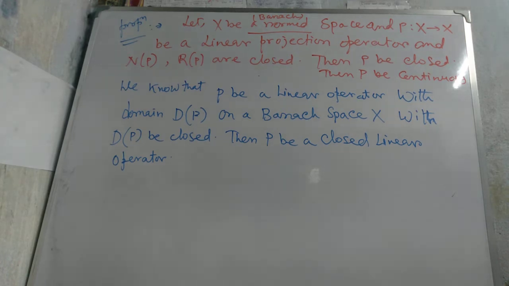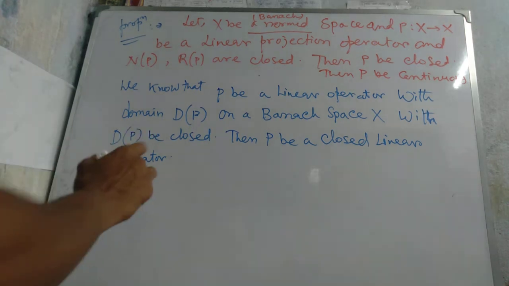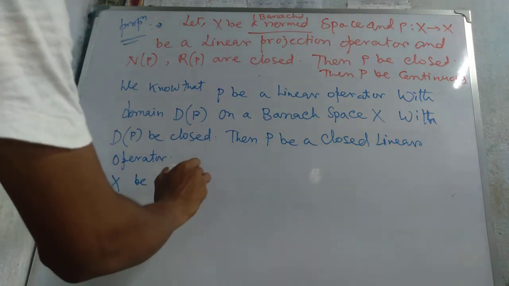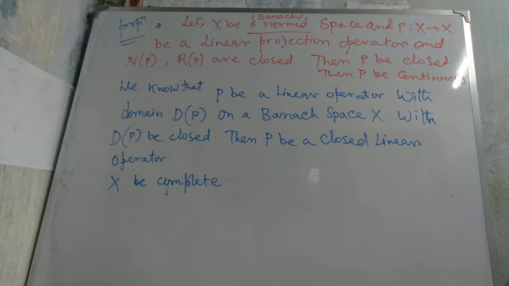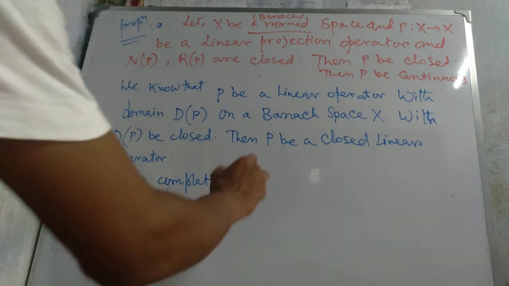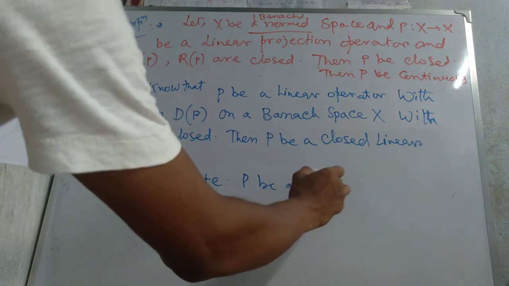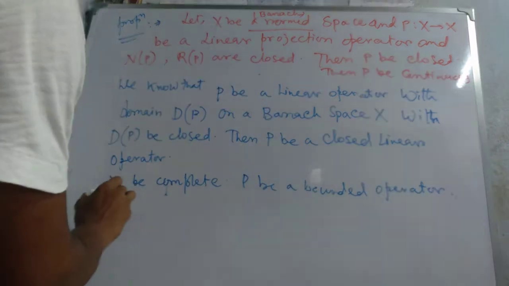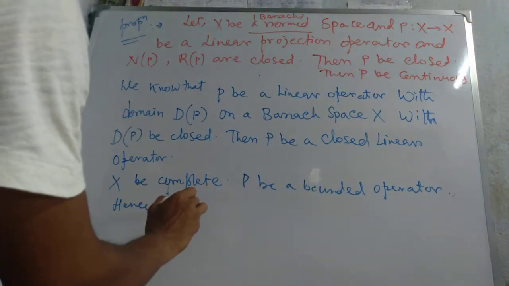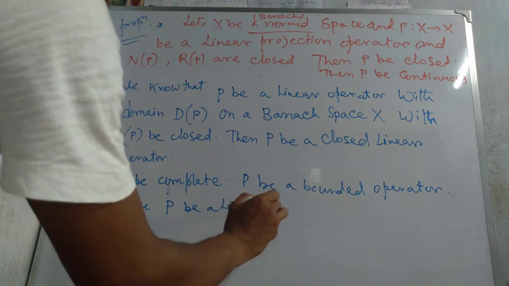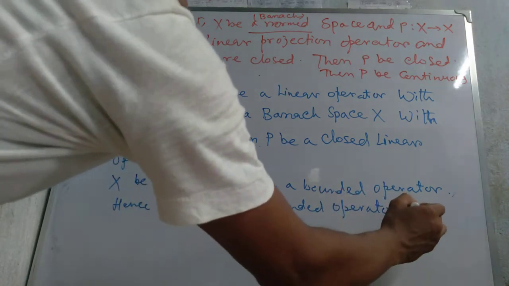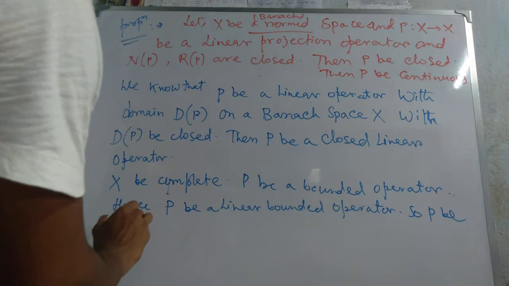So P is a closed linear operator and also X is complete. Banach space means complete. Then any Cauchy sequence converges in X. This means P is a bounded operator. Hence P is a linear bounded operator. So P is continuous.